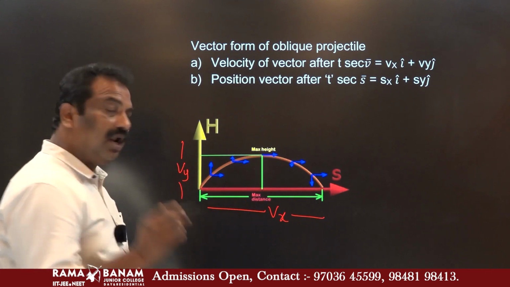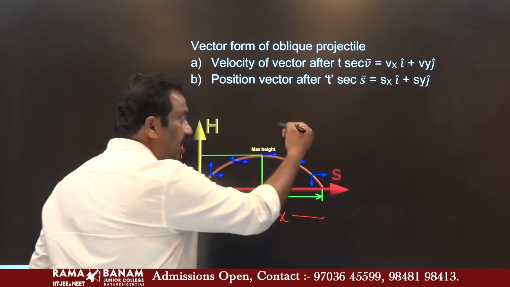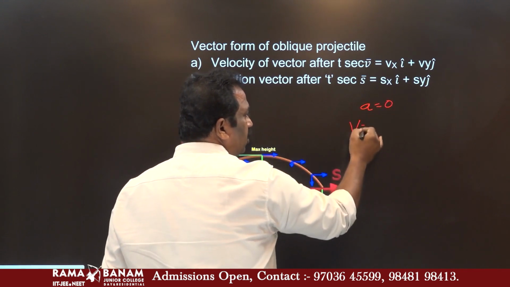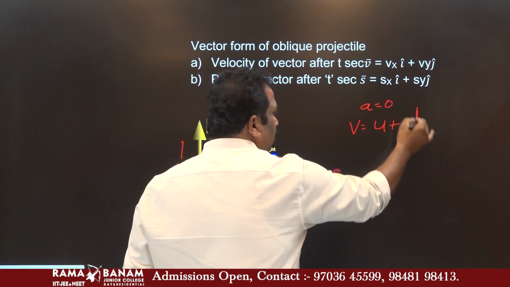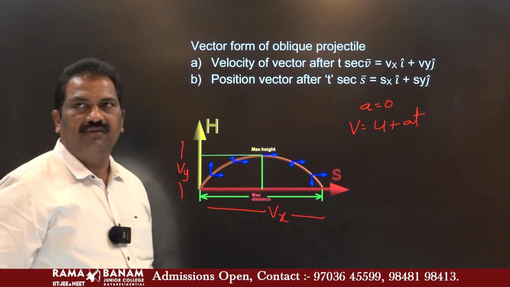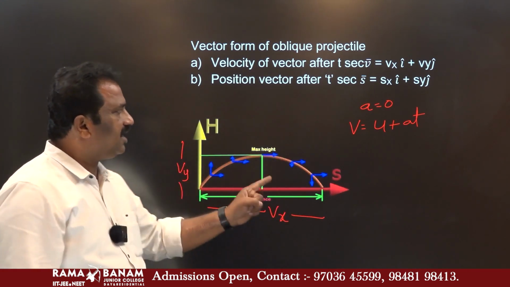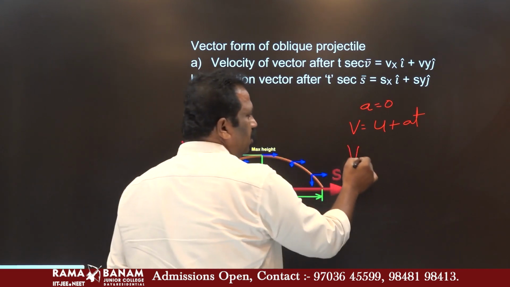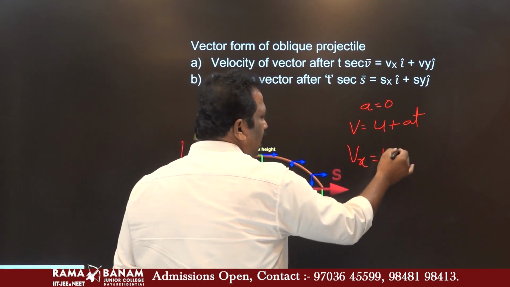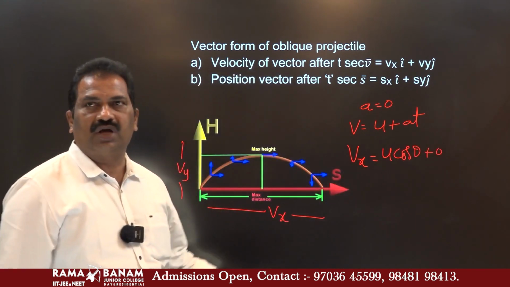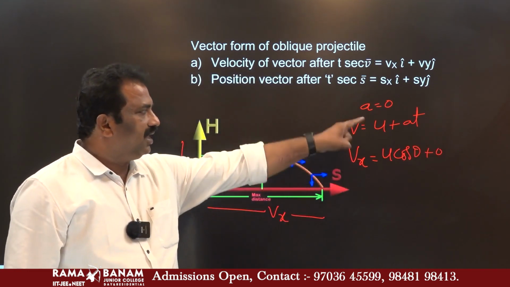See here, we already discussed that along the horizontal direction, acceleration becomes 0. We can use the first equation, v is equal to u plus at. Along the horizontal direction, Vx is equal to u cos theta plus at, that is 0.